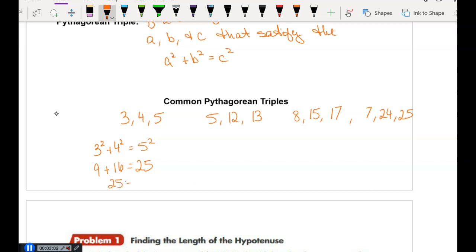Well, that's 25. And last time I checked, 25 was equal to 25, so that is a Pythagorean triple. Notice that they're all whole numbers, and there are no decimals, there's no radical, there's none of that.